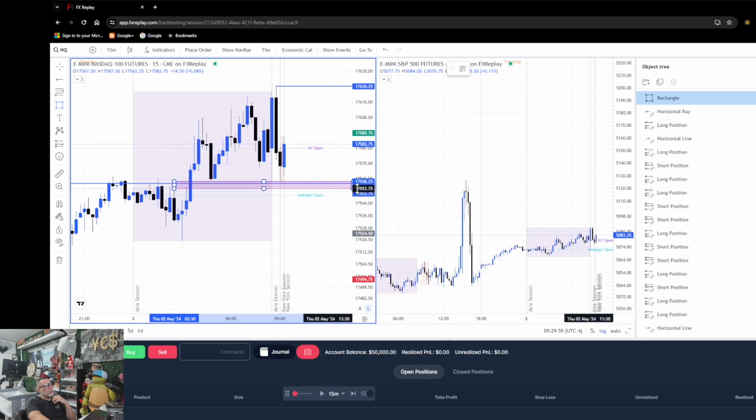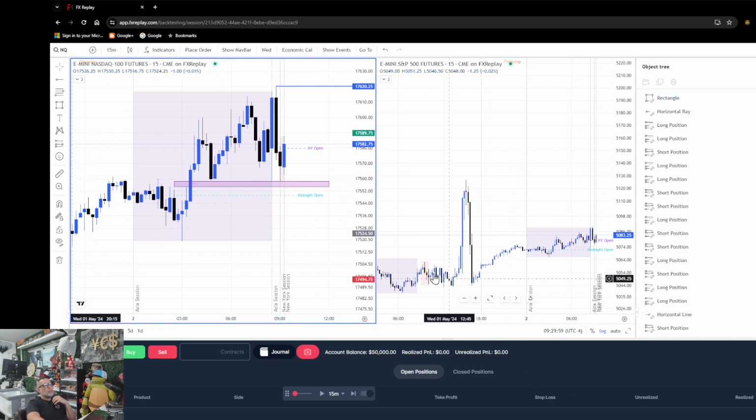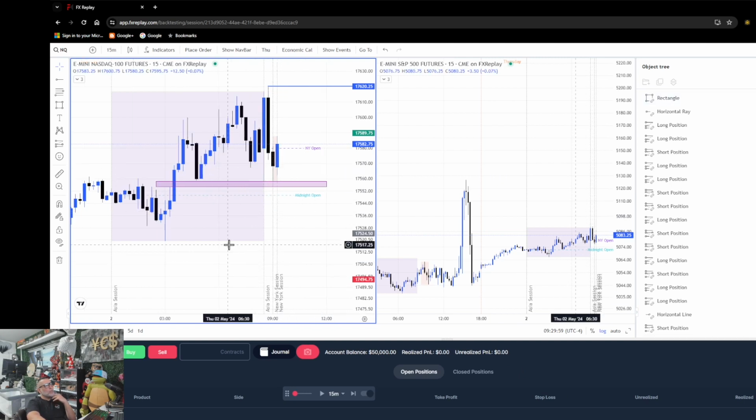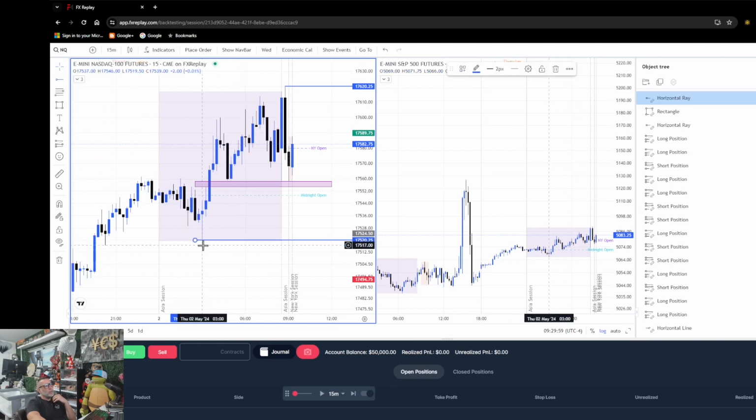The remaining of this fair value gap would be an area of interest. I don't know why this line is here. That's there. We already took out this low. And then let's say this low would be an area of interest.